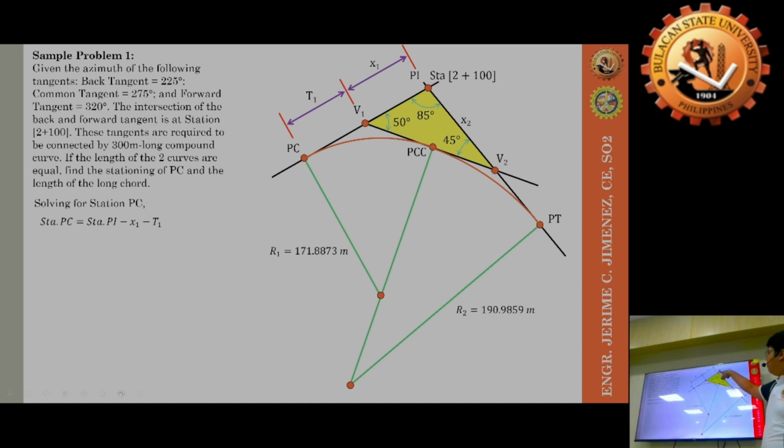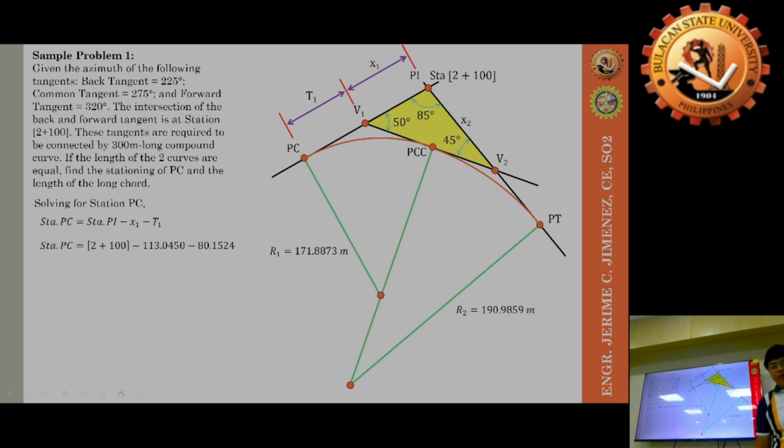No? From the point of intersection or the given station, lahat ng dadaanan niya papunta sa PC, isusubtract nyo. Okay? So that is station of PI minus x sub 1 minus tangent sub 1 is equal to the station PC. Substituting the values of station PI, x sub 1, and t sub 1, what is station PC?